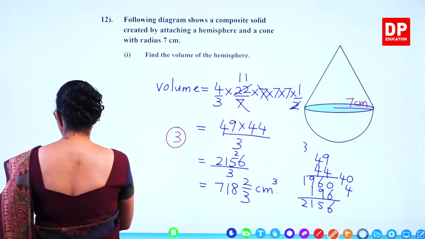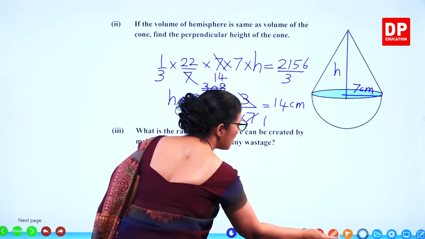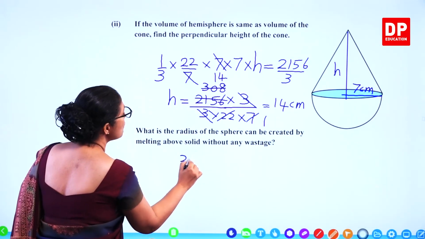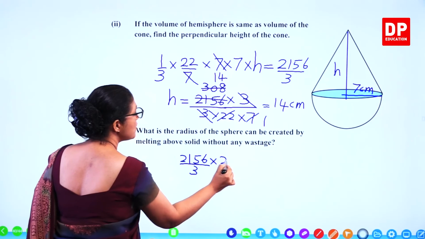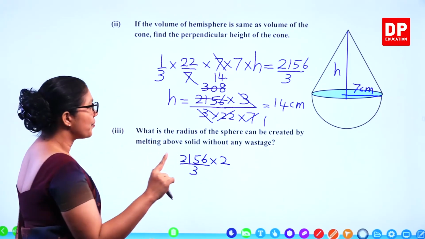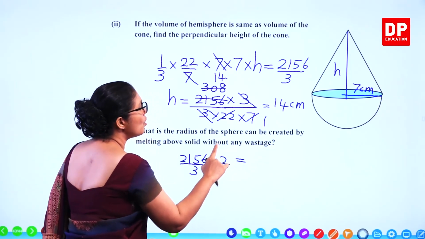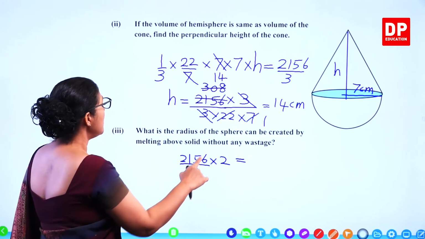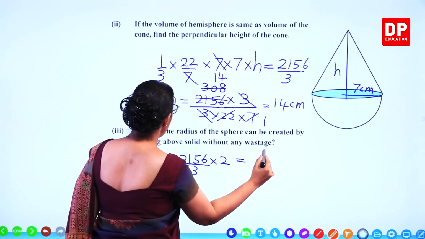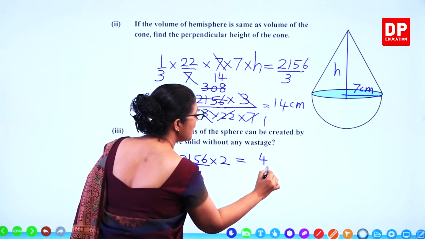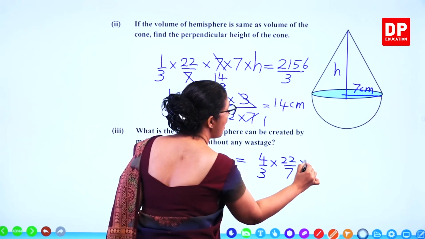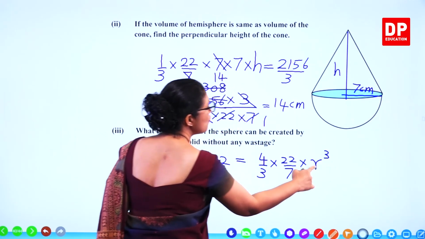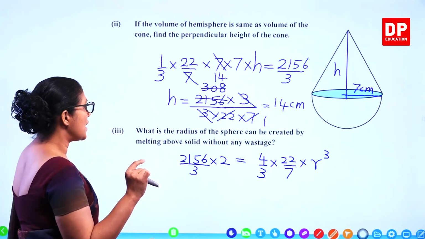So multiply by 2, that's the total volume. 2156 divided by 3 multiplied by 2 is the total volume. That's equal to the volume of the sphere. So volume of the sphere becomes 4 over 3 pi, that's 22 over 7 r cube. We need to find out the radius of that sphere.